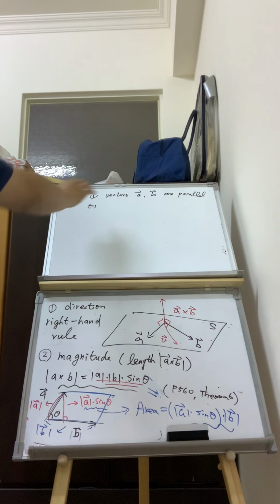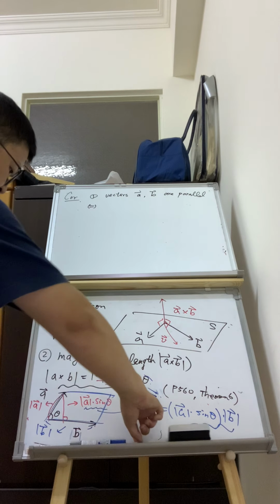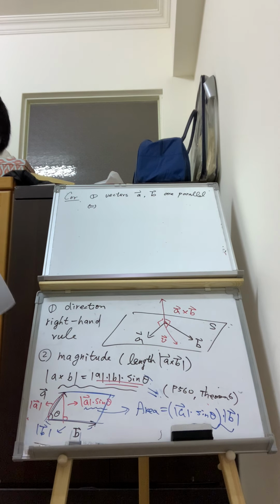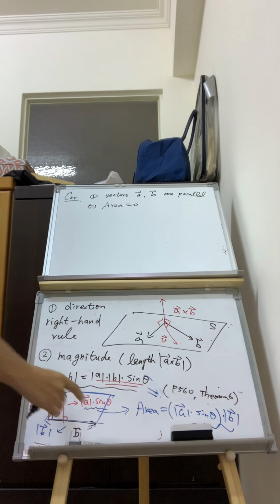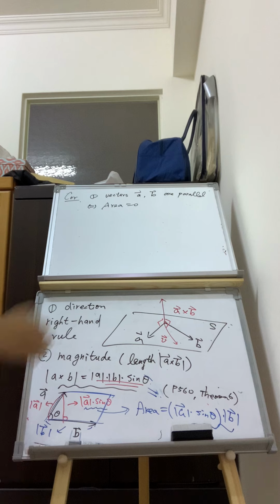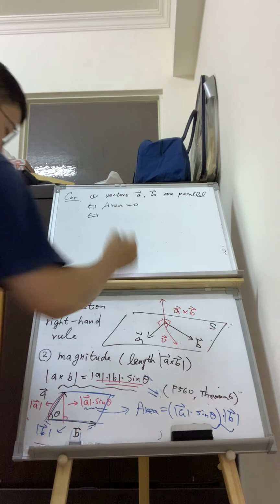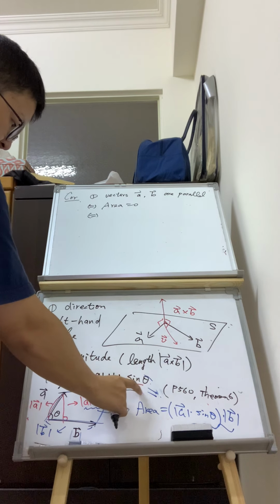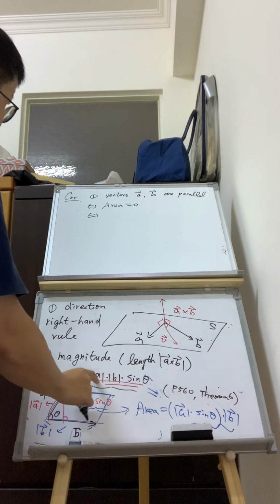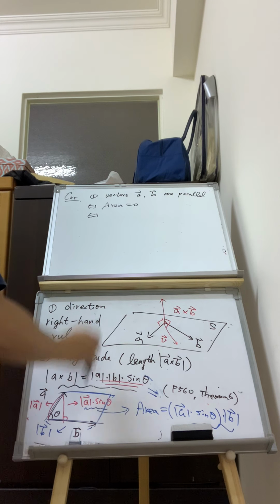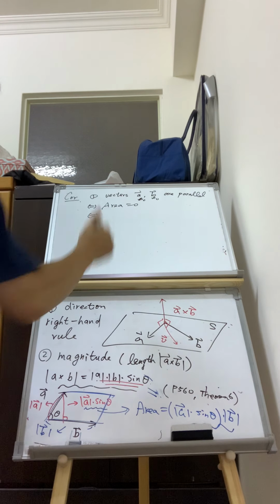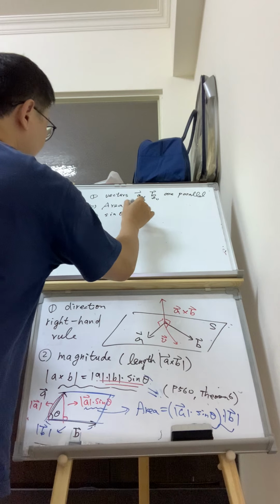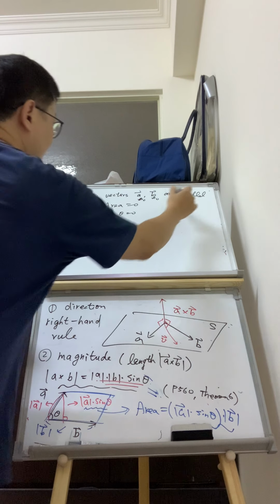So the first corollary: if two vectors are parallel, then of course the area equals 0. And in this case, the formula for the area is this one. If these two vectors are non-zero, it means that sin theta equals 0.